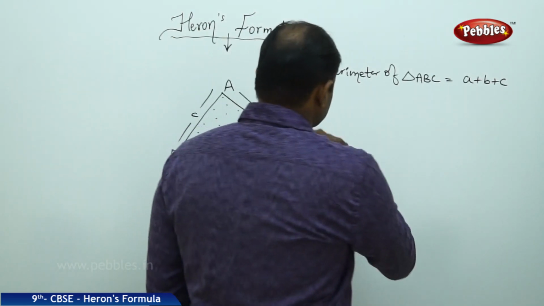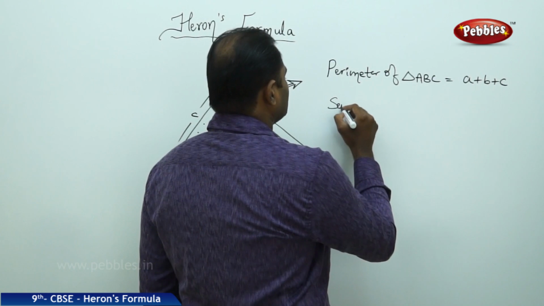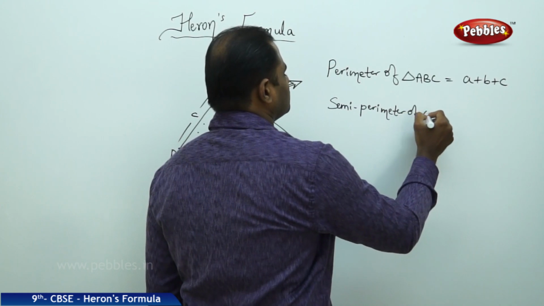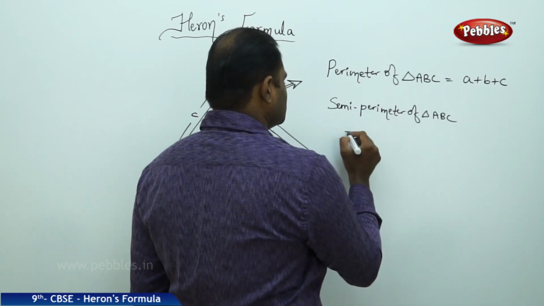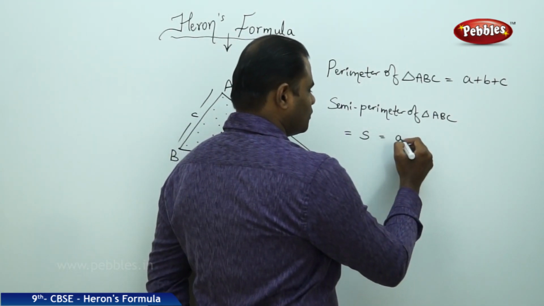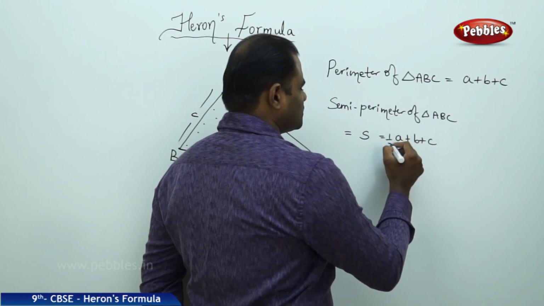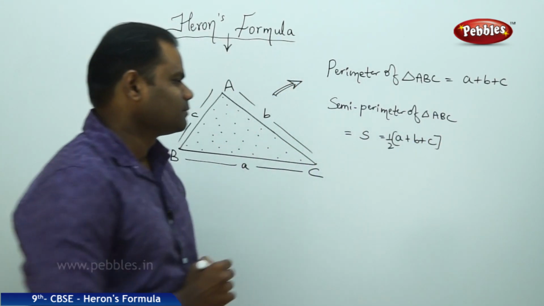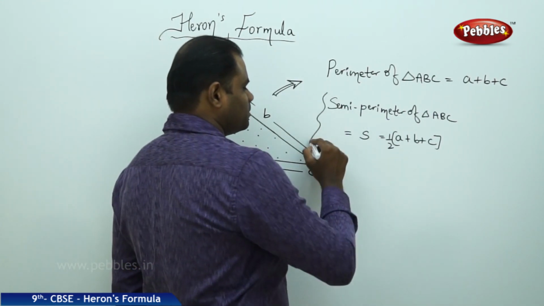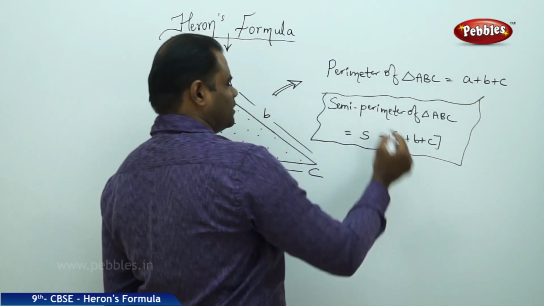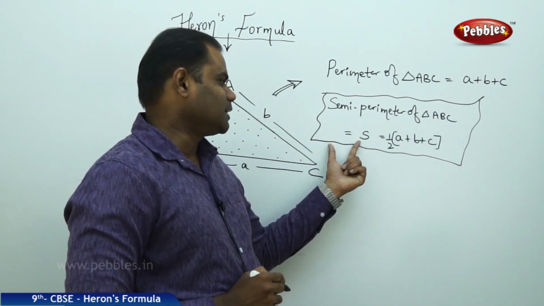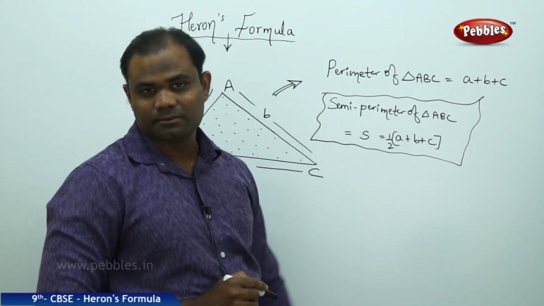Now, the semi-perimeter of triangle ABC, which is denoted by S, is nothing but half of A plus B plus C. That is how we understand the semi-perimeter. We need to use the concept of semi-perimeter in finding the area of triangle ABC. So the semi-perimeter of triangle ABC is S, which is half times A plus B plus C.